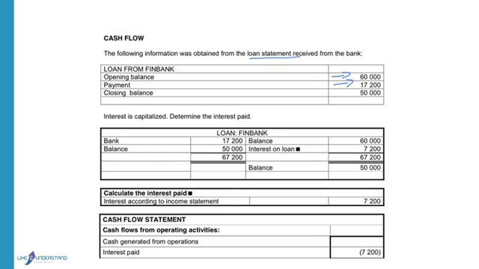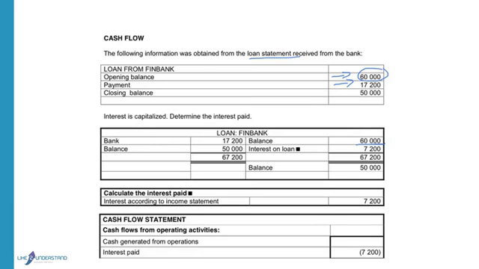So if we record this in the general ledger, we will open an account for Loan Finbank. Then this 60,000 opening balance we will record in the loan account on the credit side because a loan is a liability.